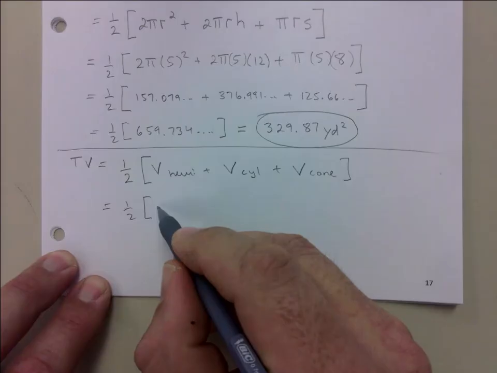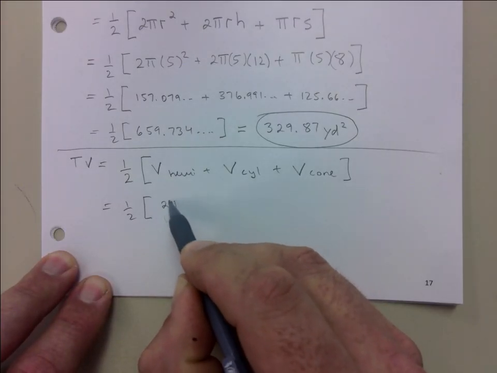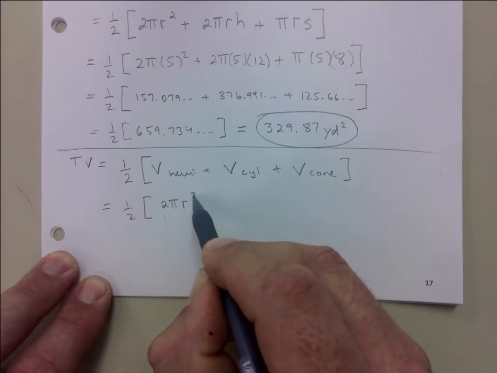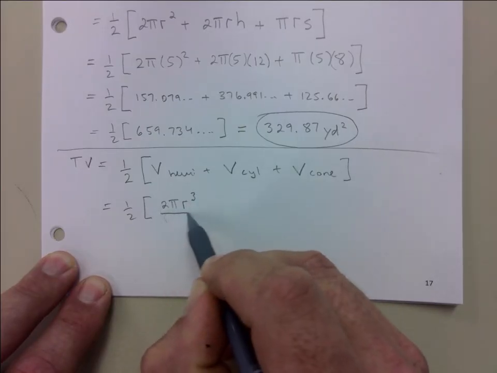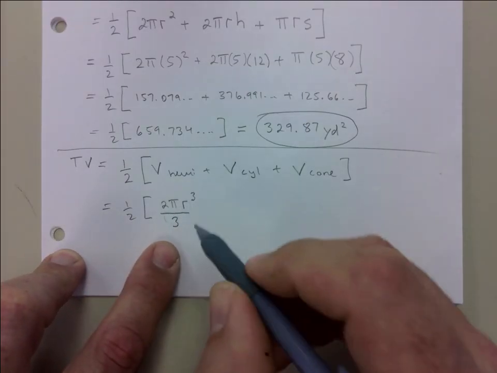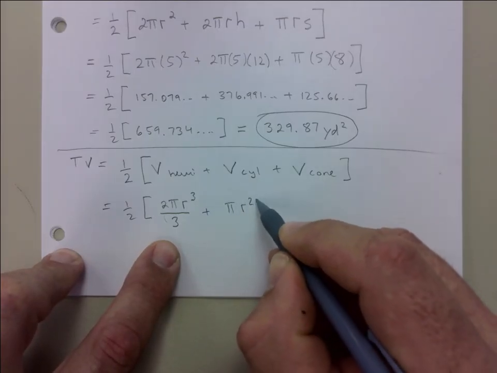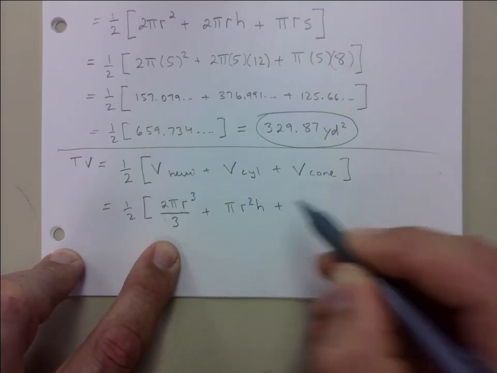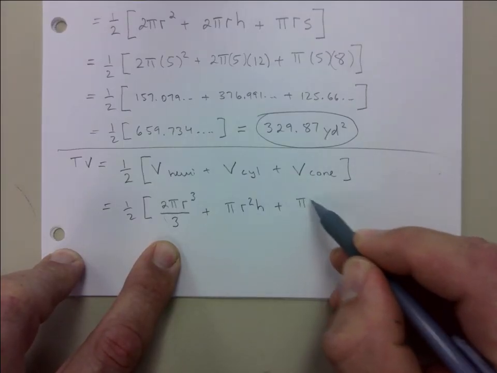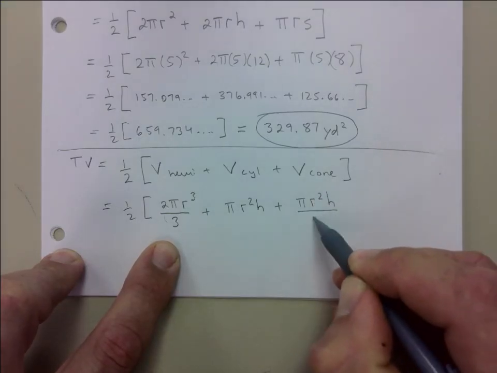Hemisphere is, what's the volume of a hemisphere? 2 pi r cubed, and don't forget about the 3 here. That's a hemisphere. Plus pi r squared h plus pi r squared h divided by 3.